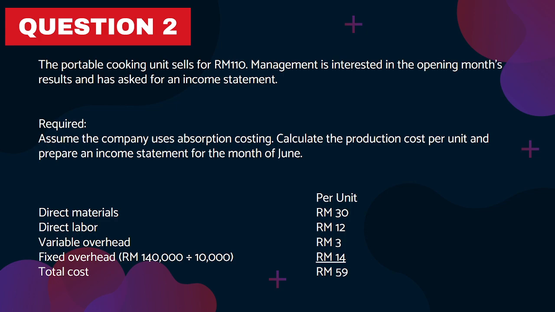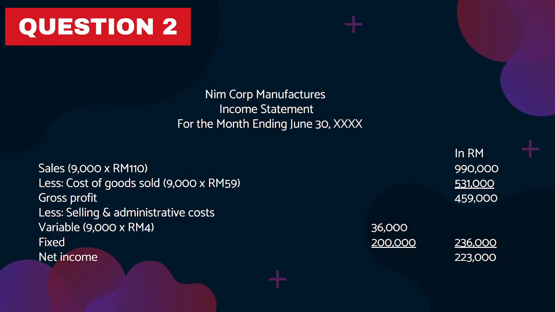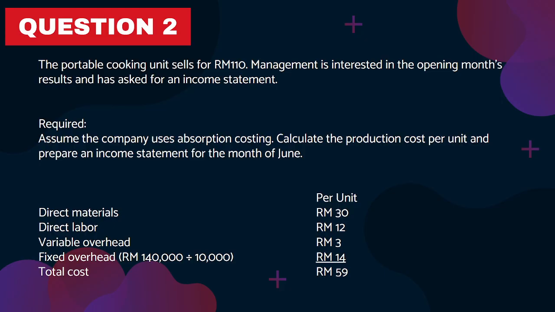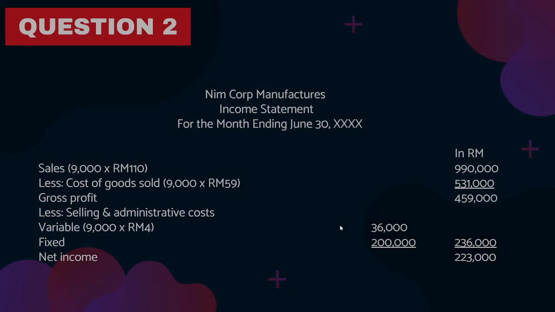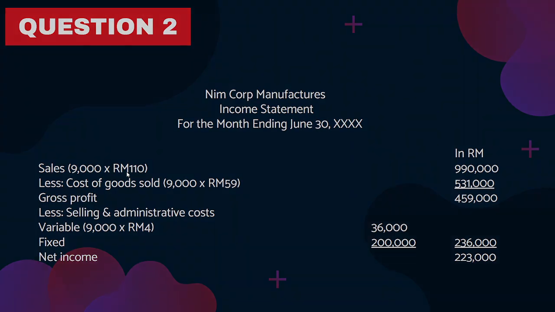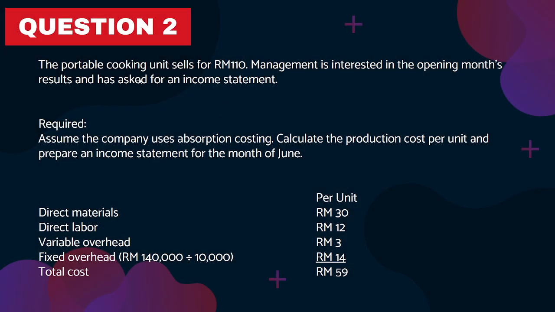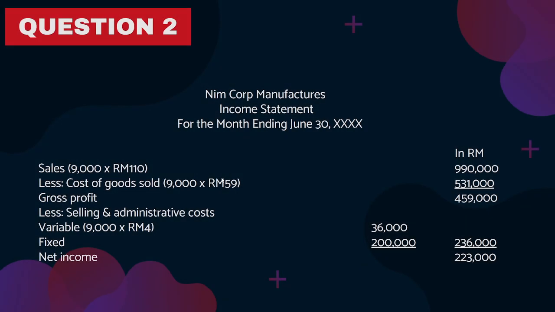So next we proceed with the income statement. Of course, we start with the company name, the type of sheet which is income statement, and the ending of month, which is June. So the sales are 9,000 times 110, because the cooking unit sells for 110, and we should get 990,000.